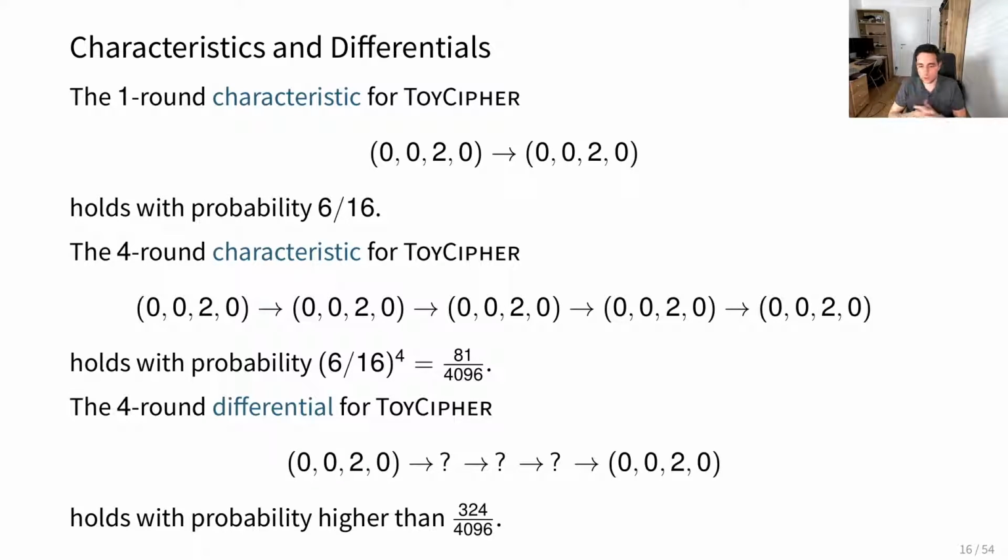And what we can also say, and this is already a hint, to improve it here, we can focus on the differential rather than the characteristic. If you remember, in the differential, we don't really care about the middle values, but only the input and the output. So we say, we want to have an input of this difference, we want to have an output difference of that, and we don't care what happens in between. So there may be more combinations which lead exactly from that input difference to that output difference.